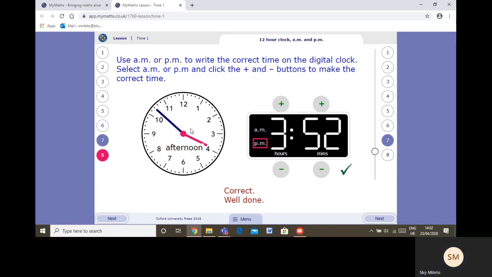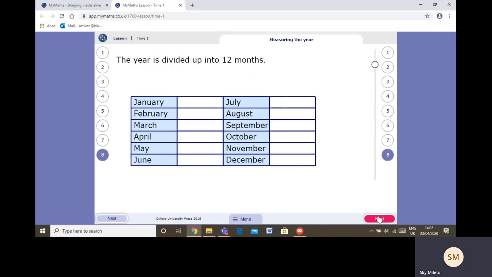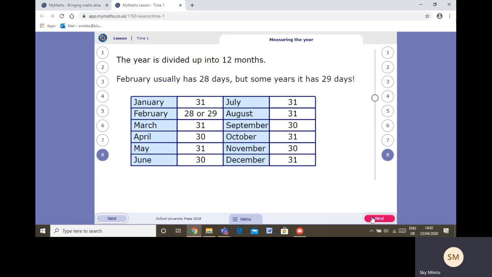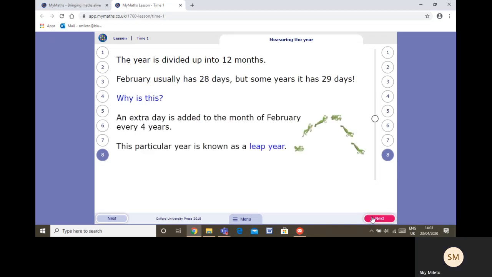Okay, final slide. The year is divided into 12 months. Each month has a different number of days. February has 28 or 29 because it might be a leap year. Every 4 years we have a leap year, and this year was a leap year.